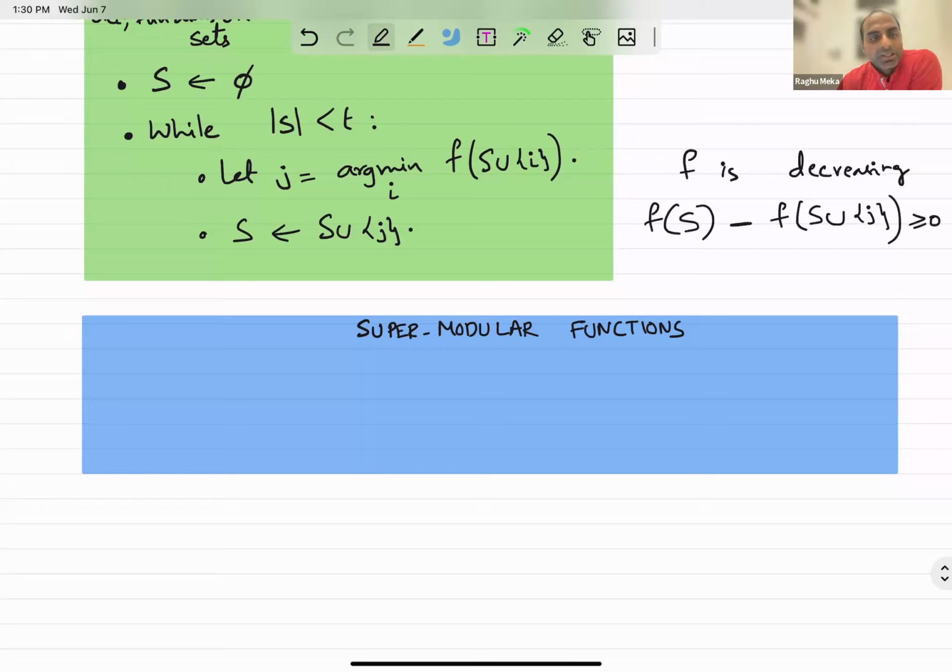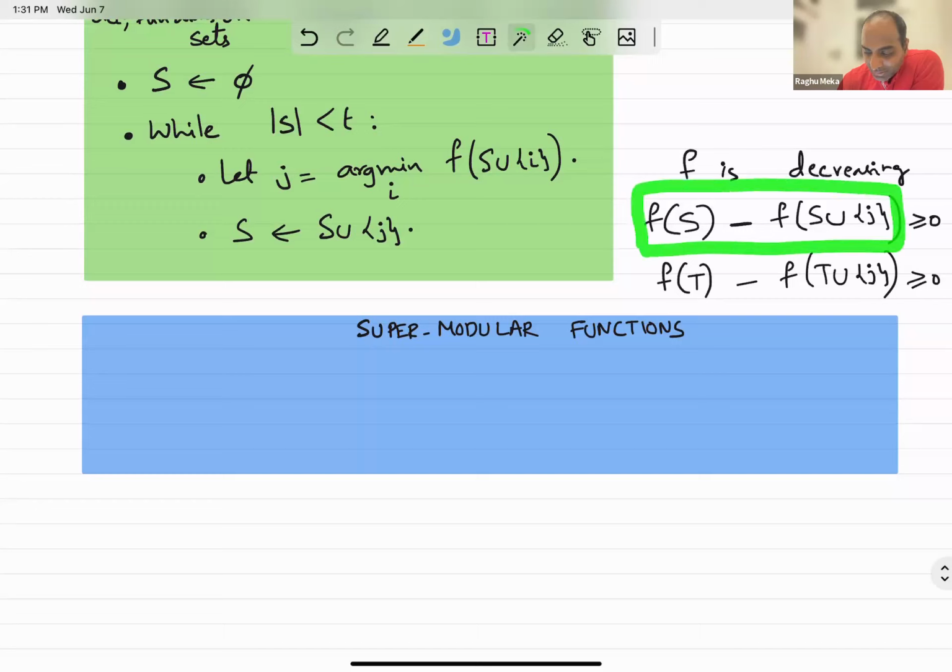So f of S is bigger than or equal to f of S union j. And the same thing for any set T. Okay. So supermodularity just tells you that adding an element on a smaller set gives you more value than adding an element to a bigger set.